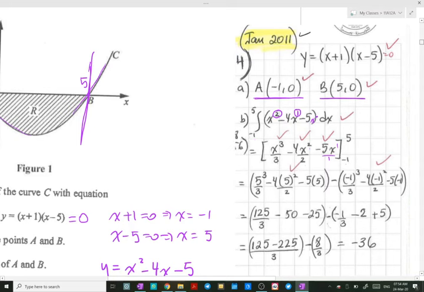So you start by plugging in the 5 and then minus plugging in the minus 1. This is the formula, f of b minus f of a, where this is b and this is a. So here you're just applying the formula.